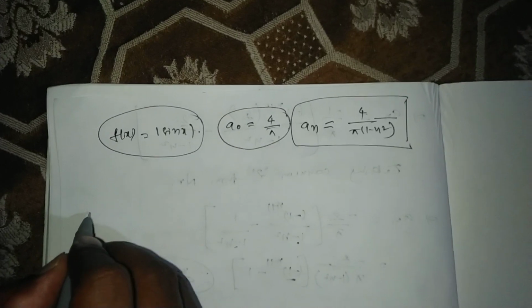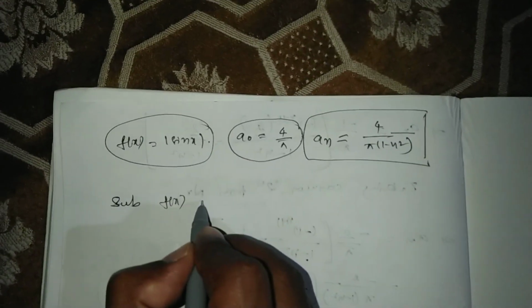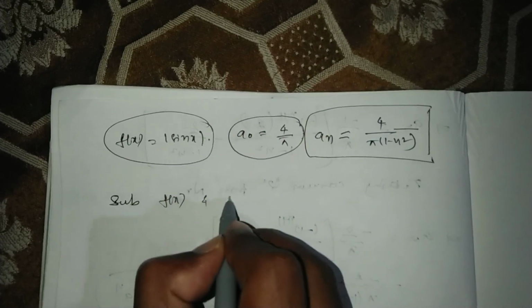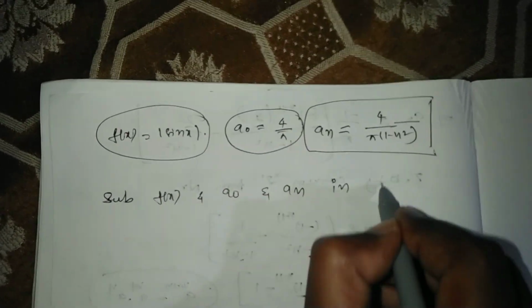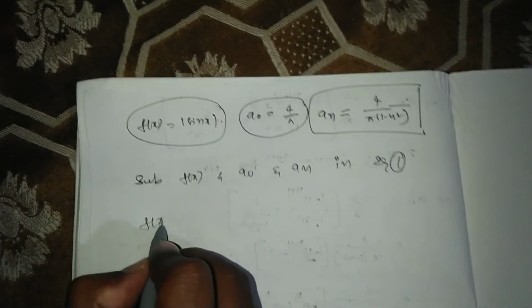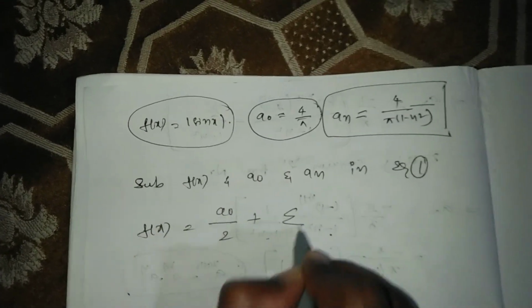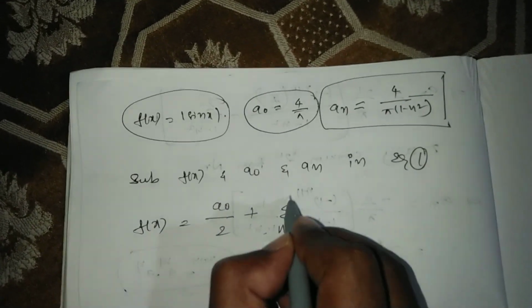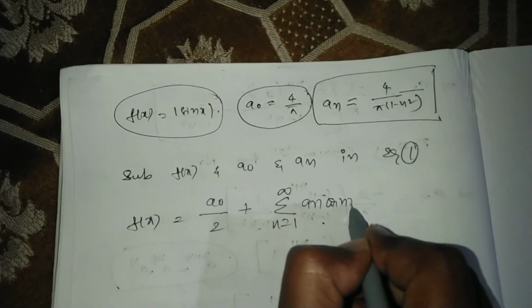So substitute f of x, a naught and an in equation 1. What is equation 1? F of x is equal to a naught by 2 plus summation n is equal to 1 to infinity an cos n x.